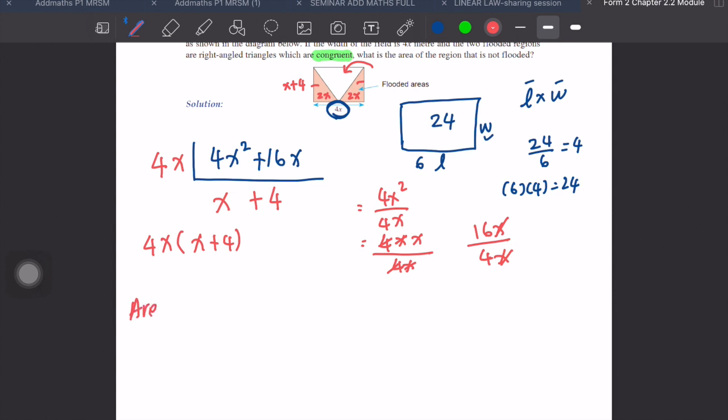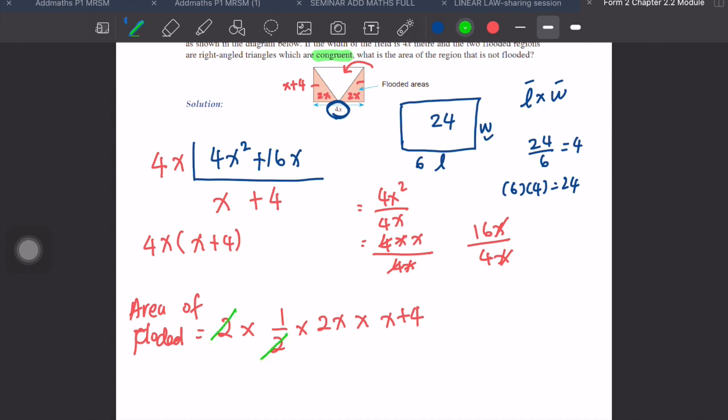So area of flooded, 2 sebab ada 2 segi 3, darab. Apa luas segi 3? 1/2 darab tapak 2x darab tinggi x plus 4. Ni boleh potong, so 2x times x plus 4.